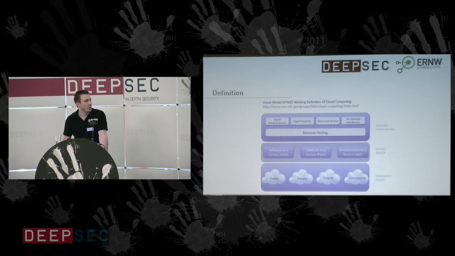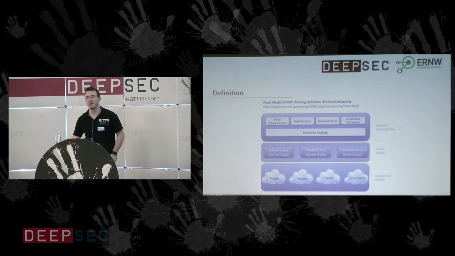So the downmost layer shows some deployment models. Basically, the two on the left are important for us, which is public and private cloud environments. So public cloud computing is what Google or Amazon offers us, a platform where anybody can log in and use the resources as long as they pay for it.